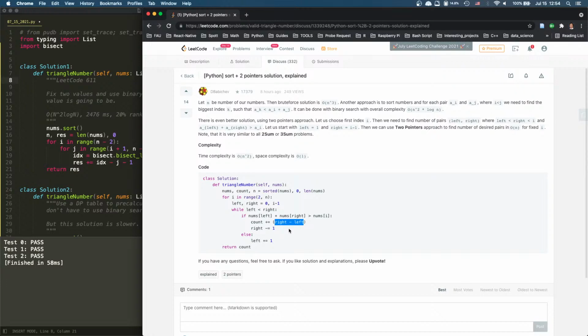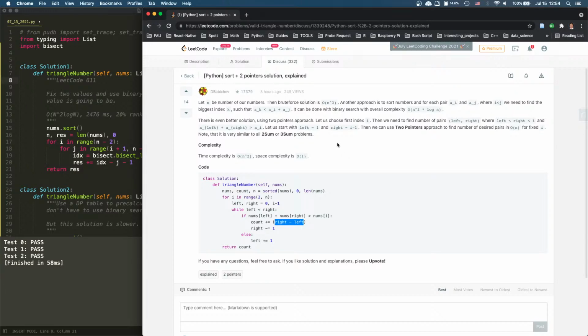We choose the first, and we need to find the number of pairs such that this plus this is larger than that. We start with left and right. That should be 0. Two pointers to find the number of desired pairs. How? Count plus equals right minus left.